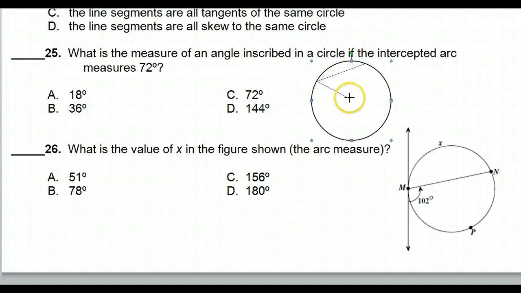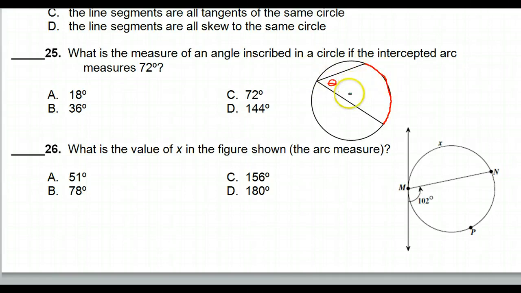Okay. This is an example of an inscribed angle. The inscribed angle is the type with the vertex on the circle. So let's call it theta. This angle theta is the inscribed angle, and this arc that I'm tracing in red is the intercepted arc. So first you just had to have this picture in your head.